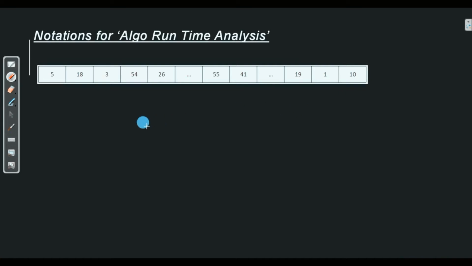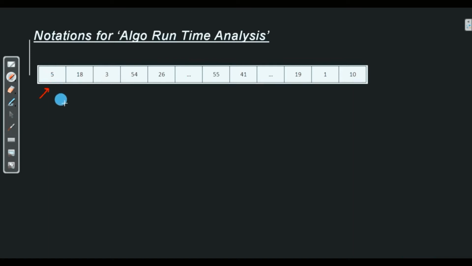So the algorithm is simple. All that we have to do is start from the first cell. If the value of this cell is equal to the value that we are trying to find, then we are good. We simply return the cell number and we are done.